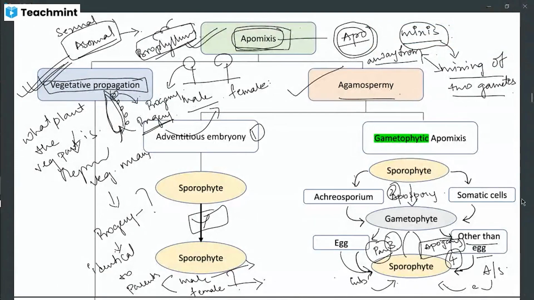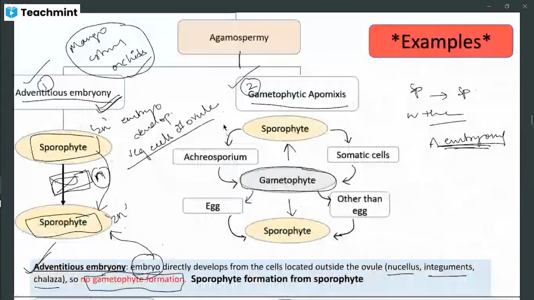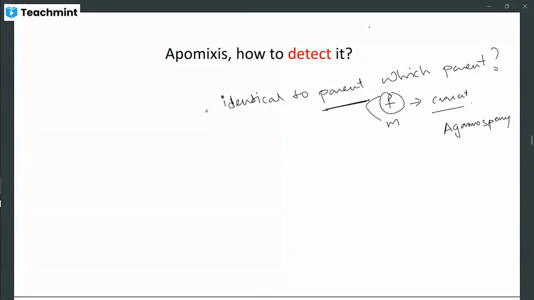We are discussing only the embryo sac, embryo, egg cell, or antipodals, which are only available from your female side. So, if the progeny are identical to the parent, most probably the female parent, this is one step to detect apomixis.